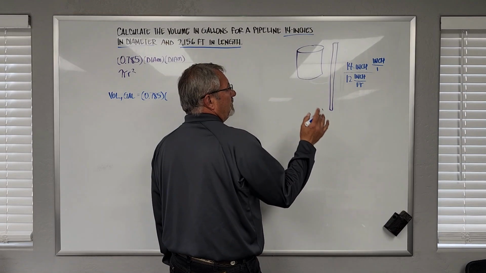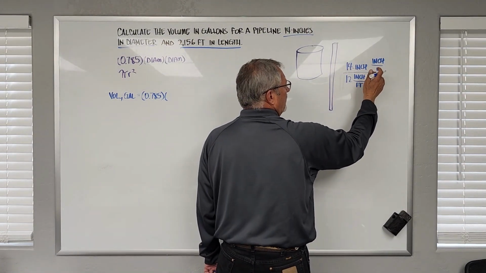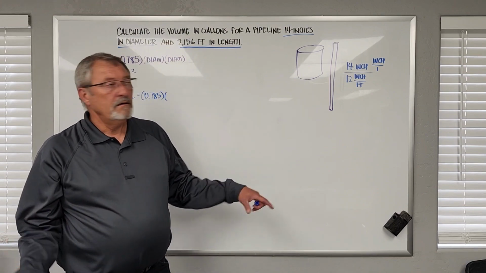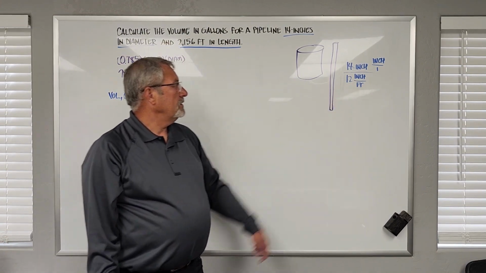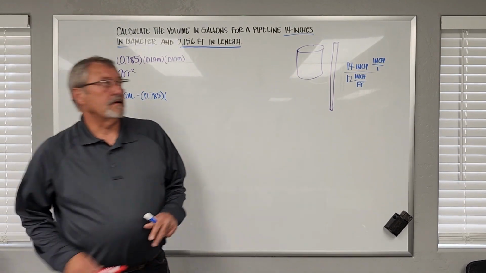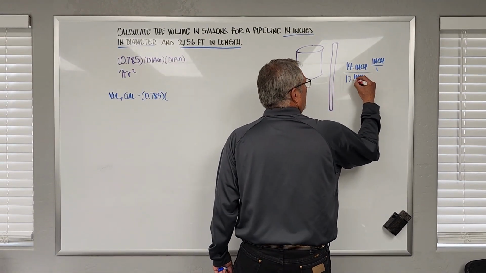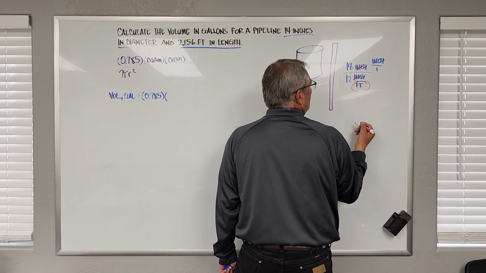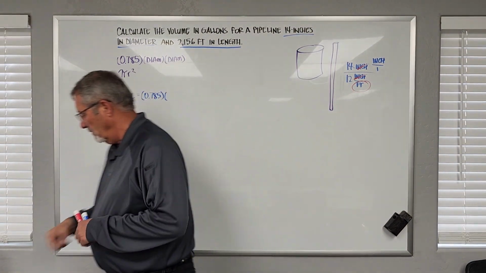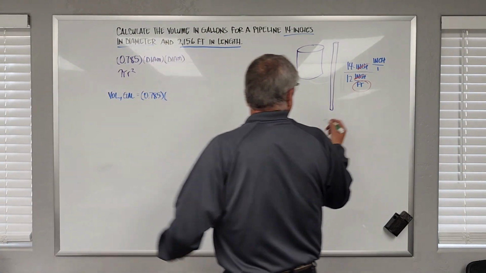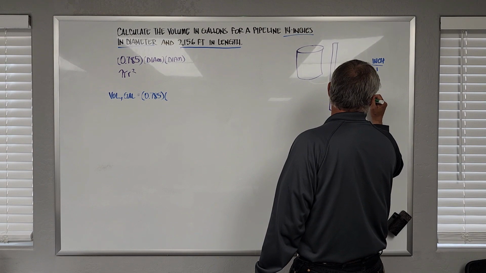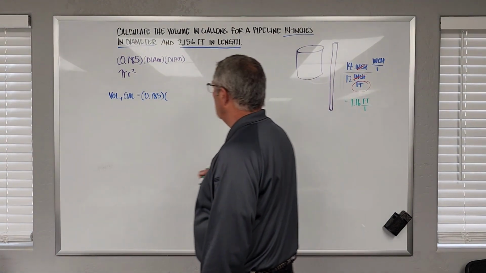So I have 14 inch over 1 divided by, there's 12 inches to a foot, 12 inch to a foot. So what I'm doing here is I'm going to cross cancel and eliminate the inch, and I'm left with feet. 14 divided by 12 is? 1.16 or 1.2. We'll call it 1.16 feet over 1.